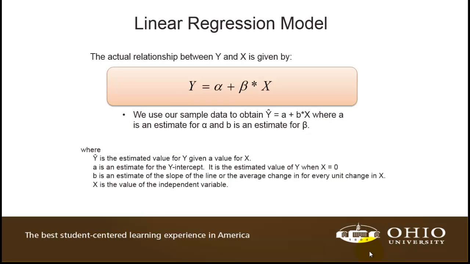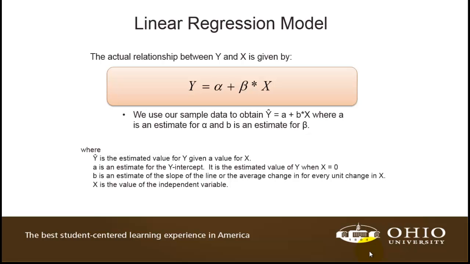So here's a simple linear regression model where we only have one independent variable. That relationship between y, the dependent variable, and x, the independent variable, is given by y equals alpha, which is the intercept of the straight line, the y-intercept, plus beta, which is the slope of the straight line, times x.